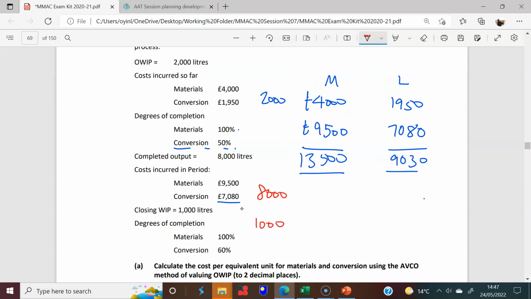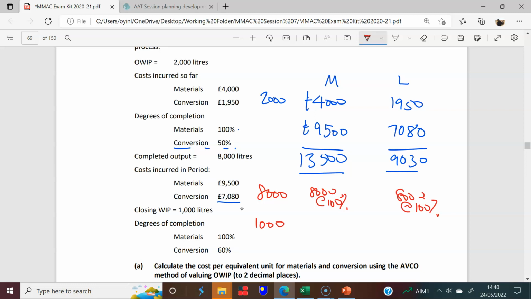So I have 8,000 complete goods at 100% finished. In terms of the work in progress, I have 1,000. By the way, the opening work in progress is all complete.